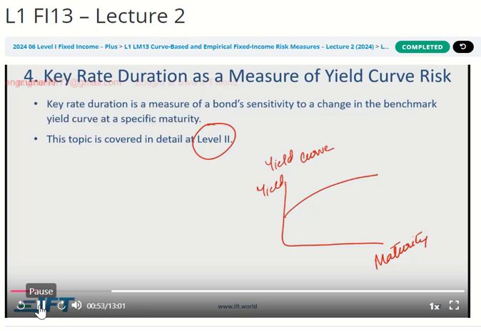But at times, let's say we're going into a period where the government is increasing the short term interest rates, right? So for less than 1 year, or the 1 year rate, or the 2 year rate, these rates are going up. The short end is going up.